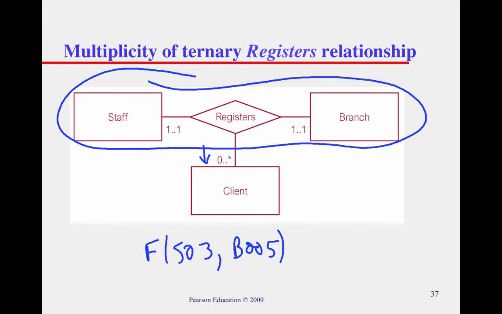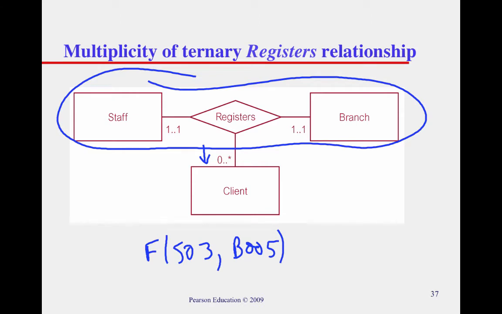Worst case 0, the person is a horrible salesperson, doesn't get out there and sign up clients. On the other hand, they could be a real go-getter, in which case the sky's the limit to how many people they might have signed up. So that's why it's shown as 0 to many.